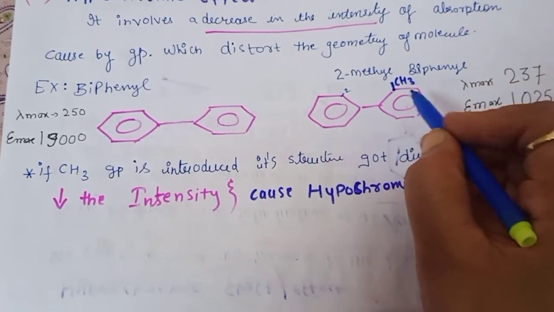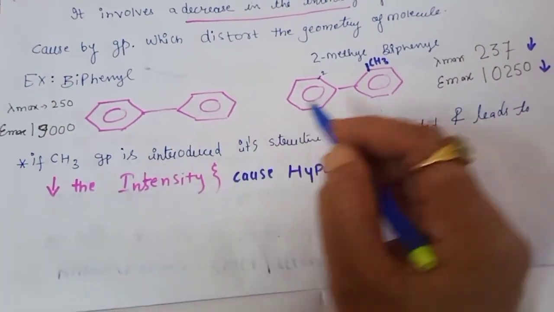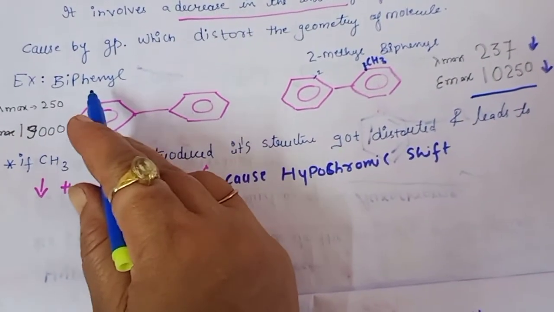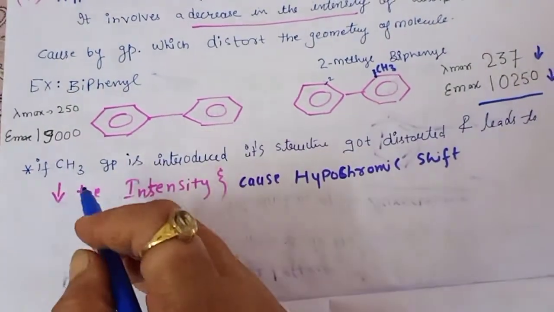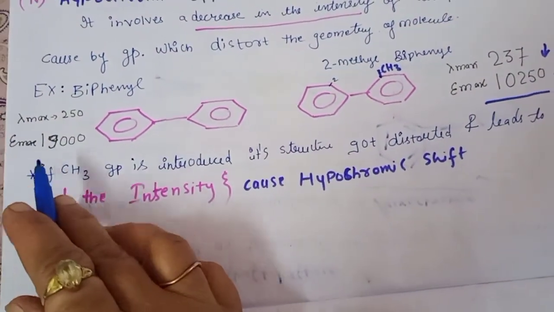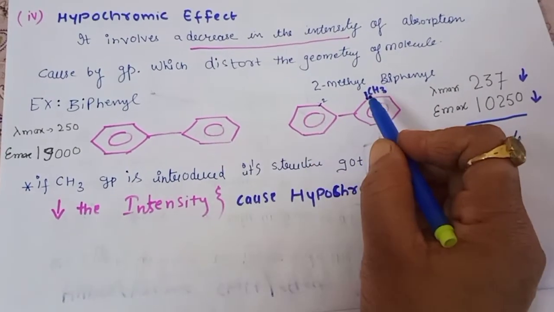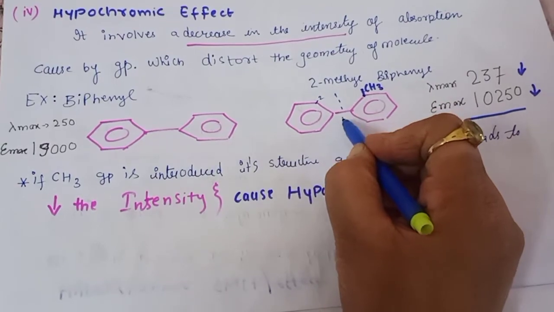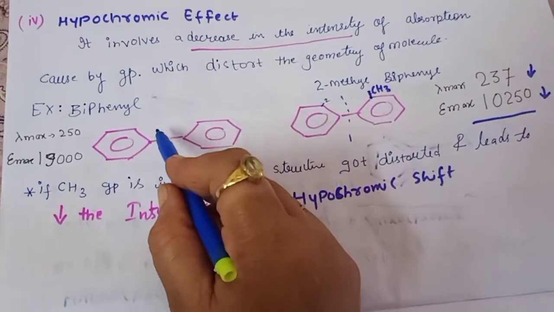So what happens? First the value of the Emax is 19,000, then it decreased to 10,250. Here we don't see the value of lambda max, but here we have to see the value of Emax. First the value of Emax is 19,000 when this structure was symmetrical. But when one group is introduced, distortion came. Symmetrical means both sides have the same structure, but here this molecule does not have the symmetry.